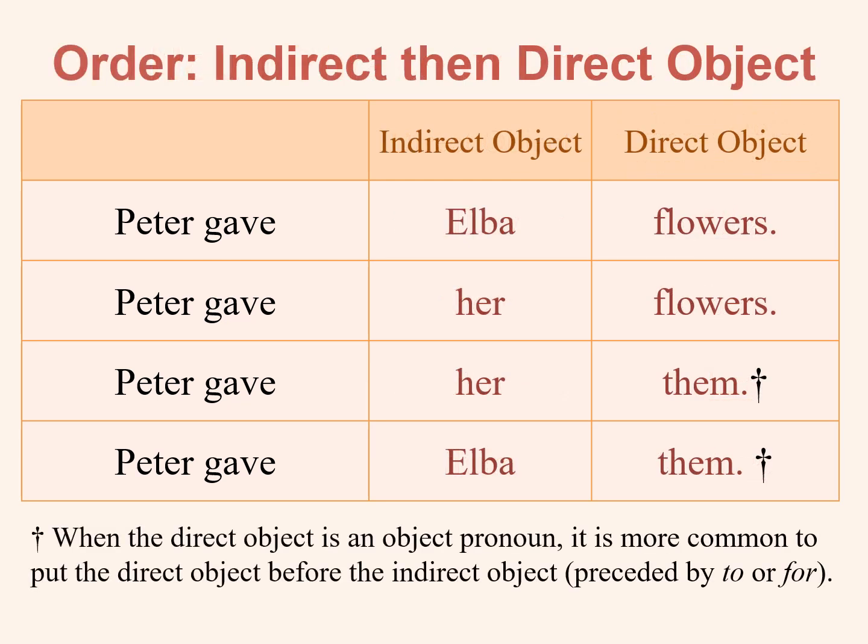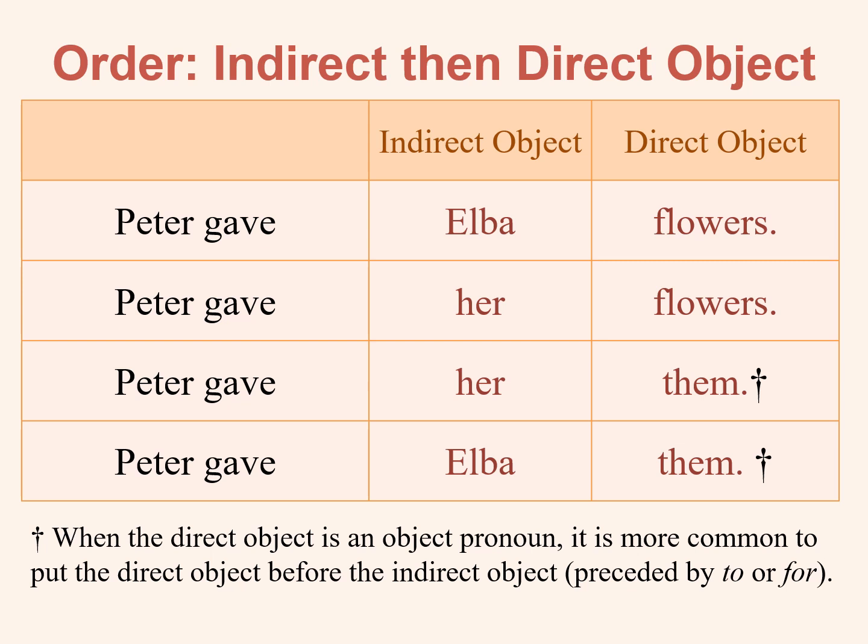Sometimes the order of the direct and indirect objects is reversed. That is, sometimes we place the indirect object before the direct object. So we have the example, Peter gave Elba flowers. If we change Elba to the appropriate object pronoun, we get her.